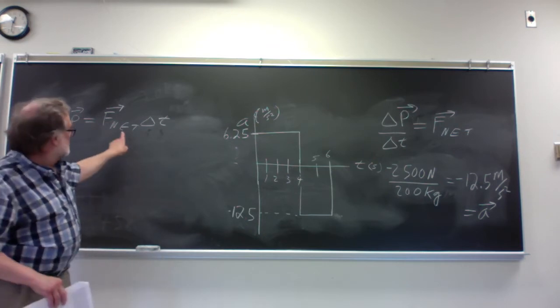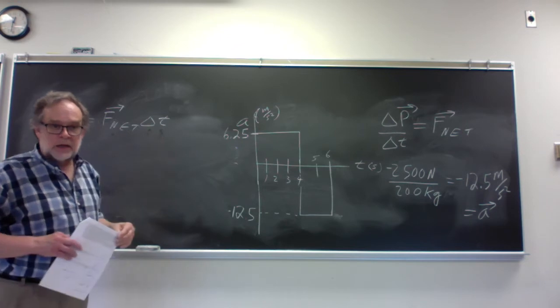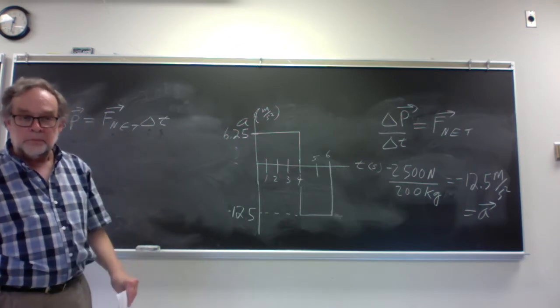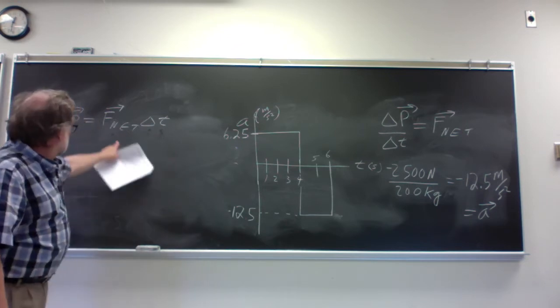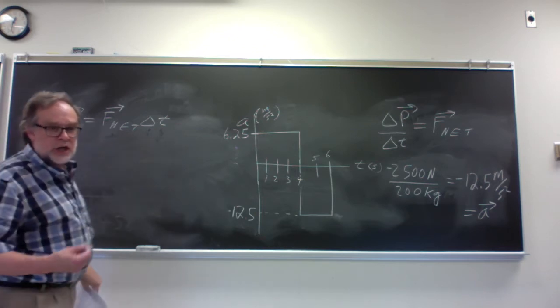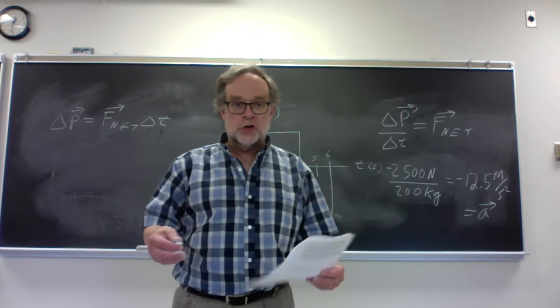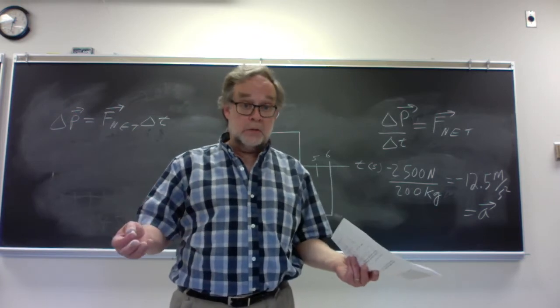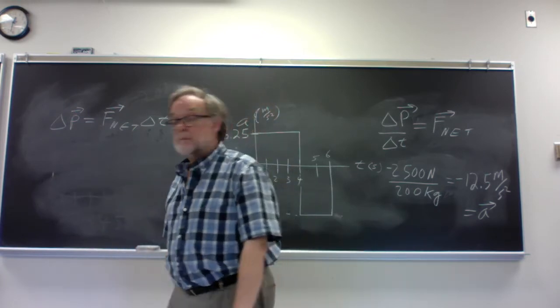Sometimes this product of net force and time interval is called impulse. But impulse turns out to be just the same thing as change in momentum. Impulse turns out to be just another name for change in momentum.